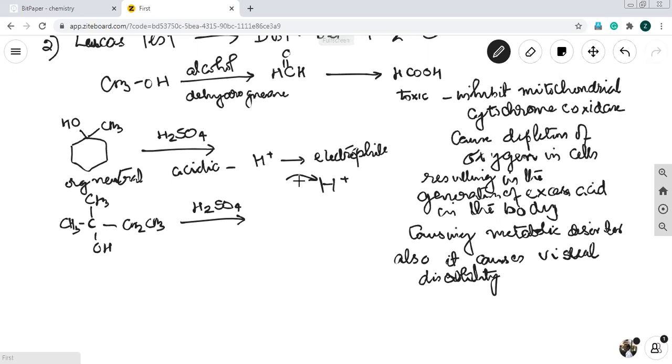Because an arrow is formation of a bond from a nucleophile to an electrophile. So arrow means formation of a bond using a pair of electrons. Now, from where this pair of electrons will come, that is what we have to find out.